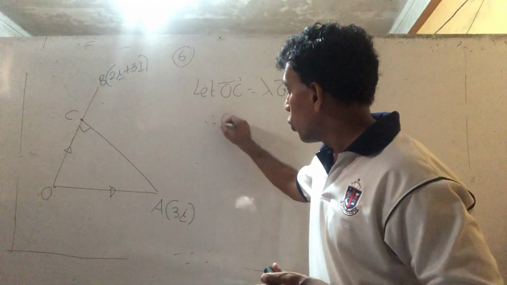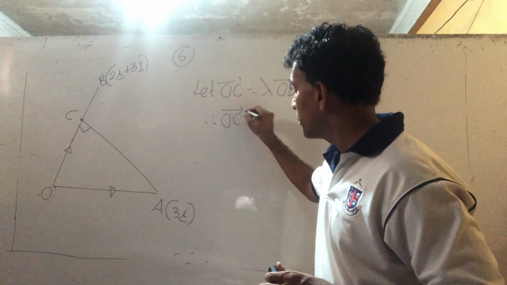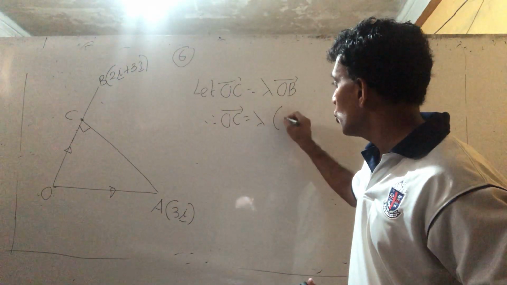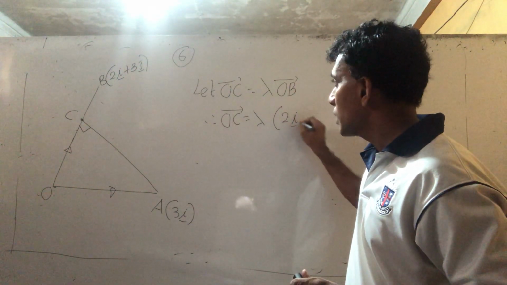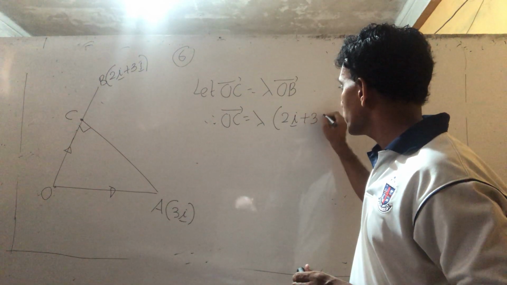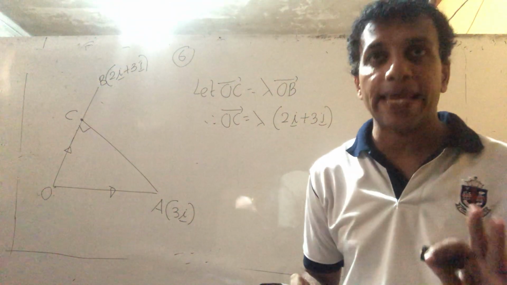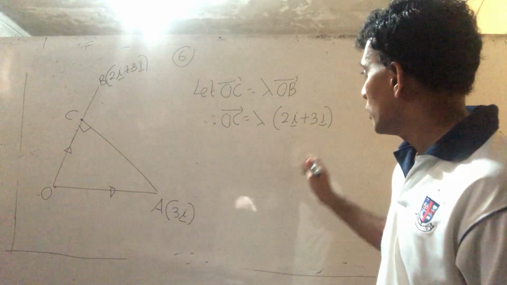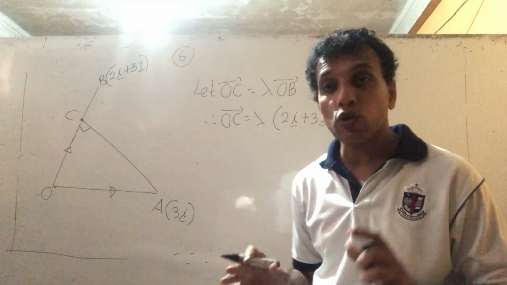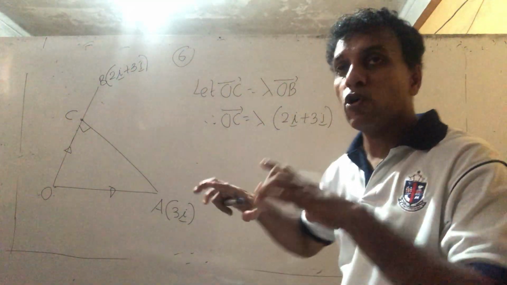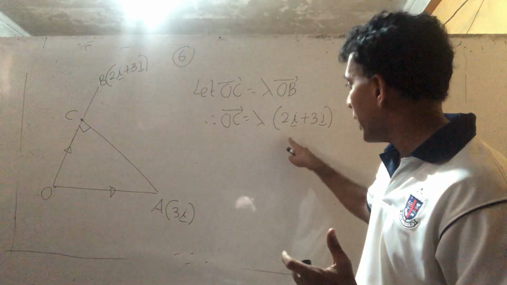Therefore, OC equals lambda into OB, which is 2 vector i plus 3j, where lambda is a constant or scalar. So we have to calculate the lambda value. Then you know the OC vector in terms of i and j.